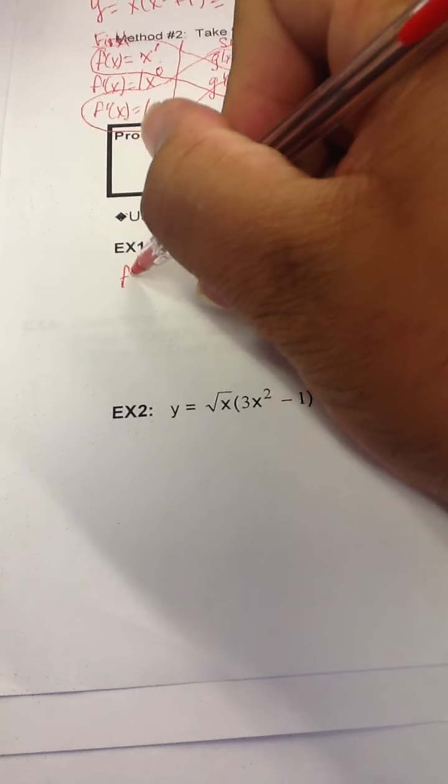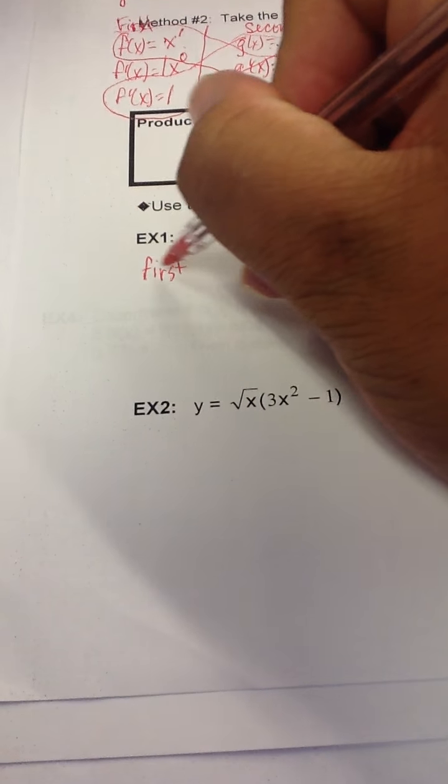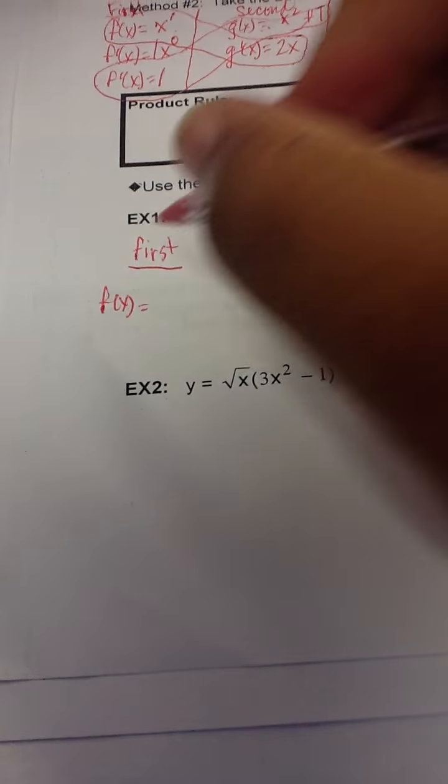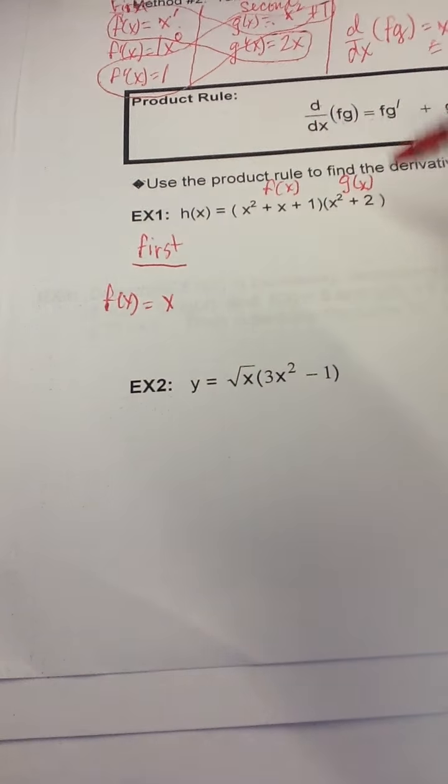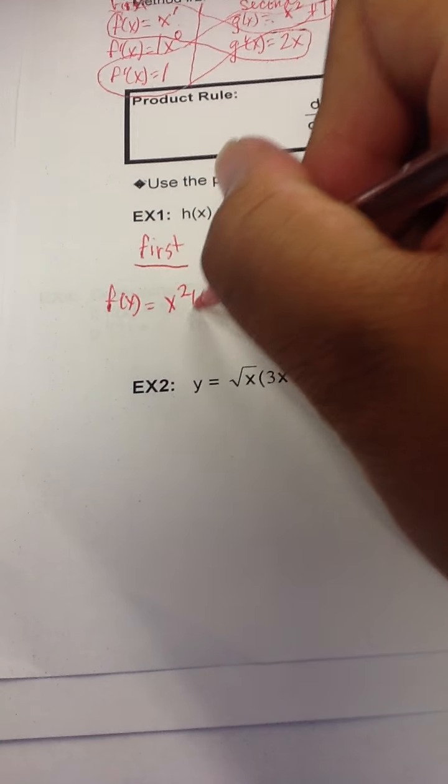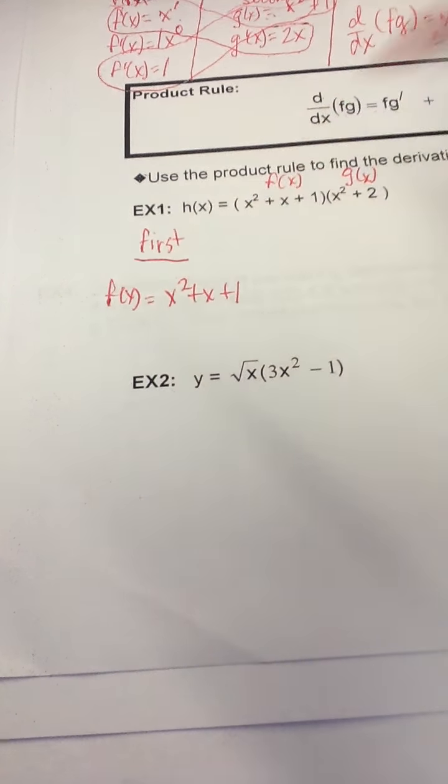The first function, and I'll just go ahead and put first, we know is f of x, which we said was x squared plus x plus 1, the very first parenthesis.